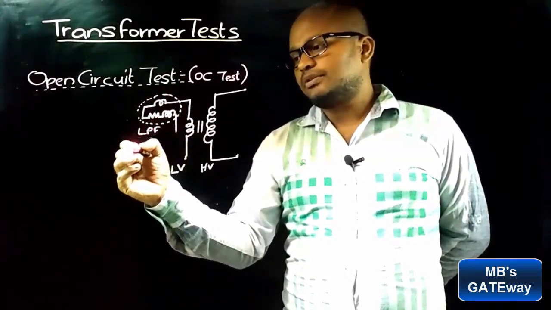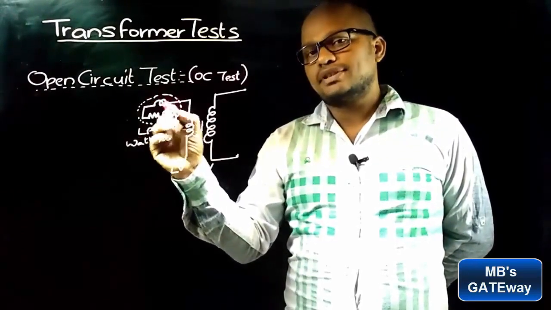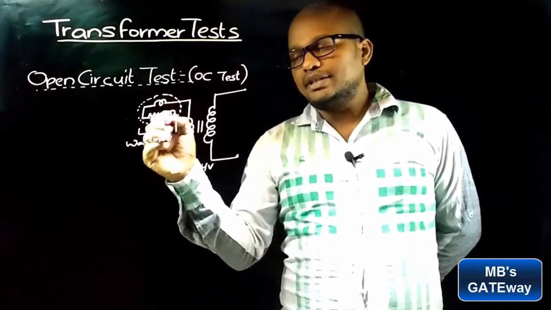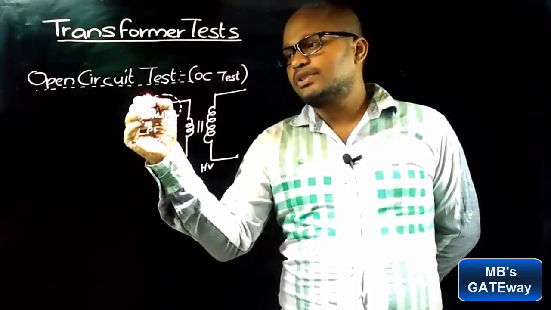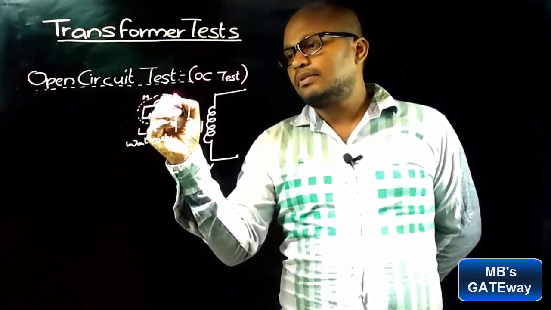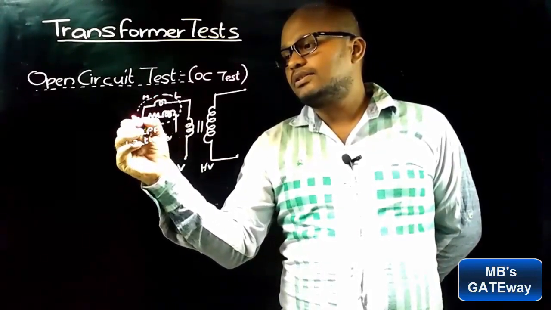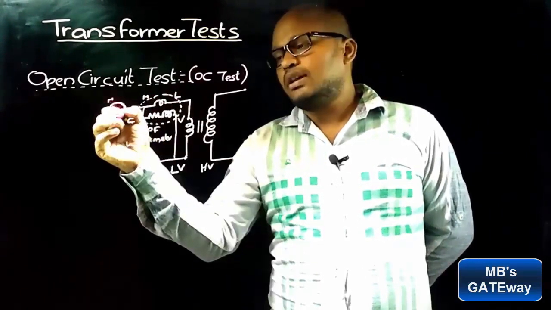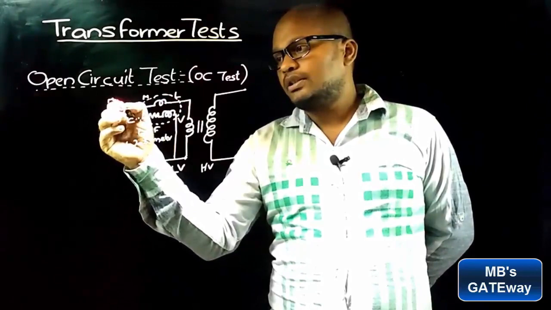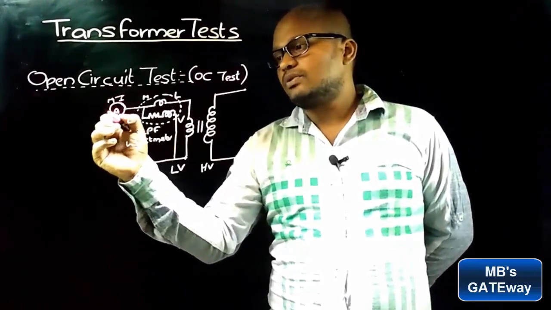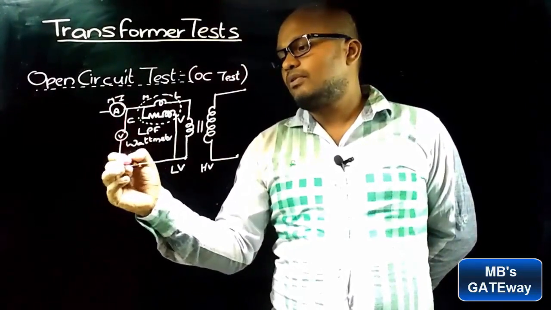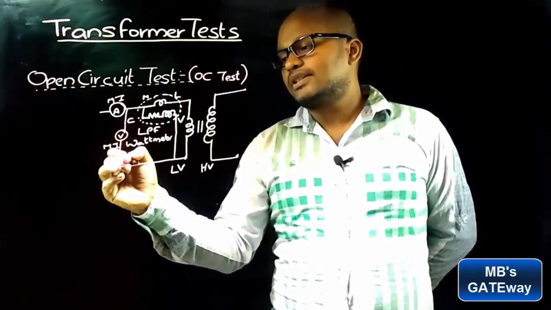This is an LPF type wattmeter, and this represents the current coil and this represents the pressure coil. The terminals of the LPF wattmeter are represented with M, L, and this is C and this terminal V. To measure the input current, an MI type ammeter is used, and to measure the input voltage, an MI type voltmeter is connected like this.